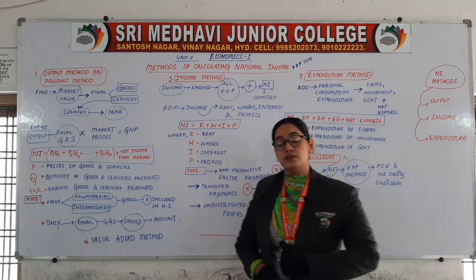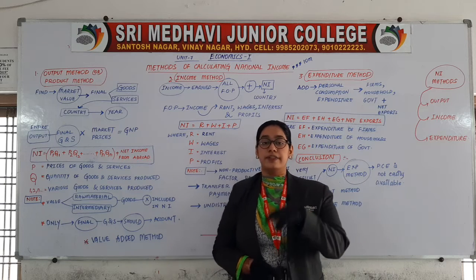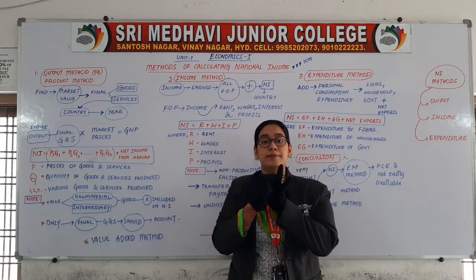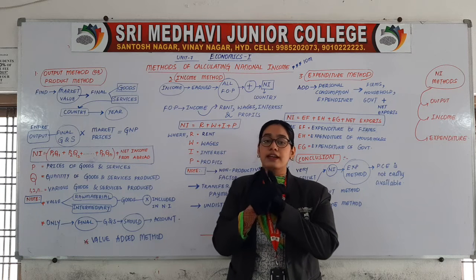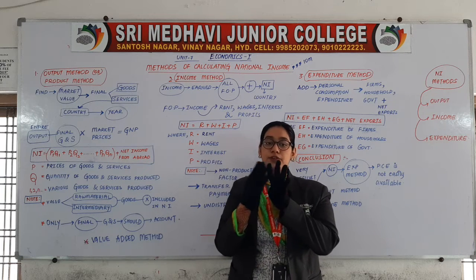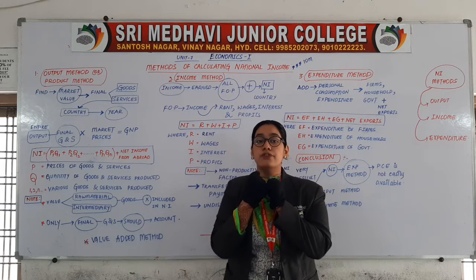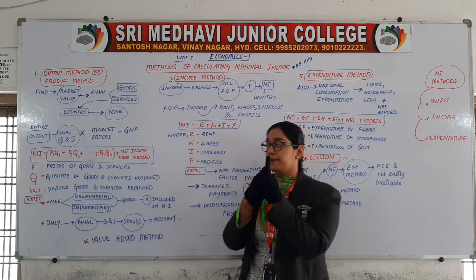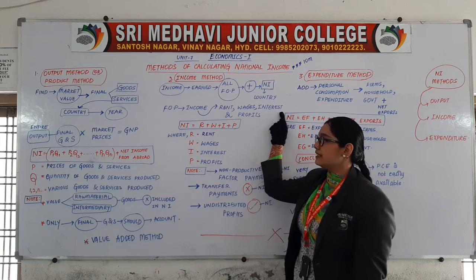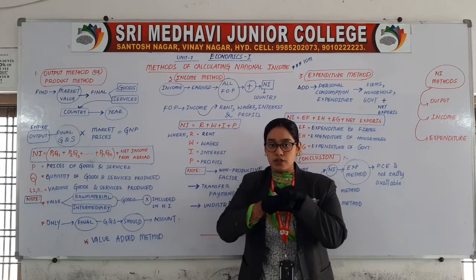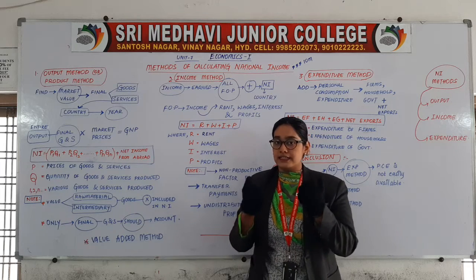We have discussed what the factors of production are. There are 4 factors of production, that is land, labor, capital, organization. So these 4 factors of production will receive income in the form of rent, wages, interest and profits. Land will get rent. Whenever you are living on land, you will pay rent.